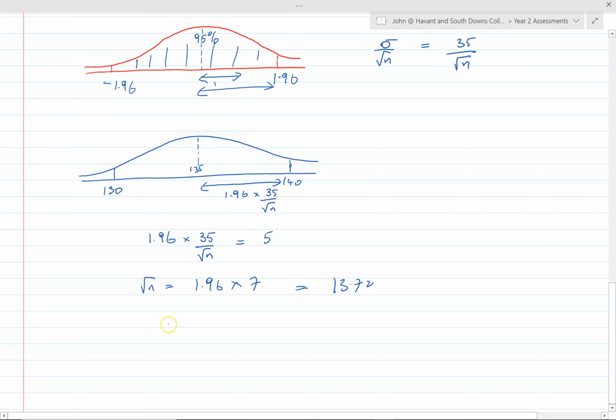So therefore we have n equals the square of 13.72, which is equal to 188.2. So we need n to be bigger than this, more than that. So the smallest n for a confidence interval of 95% is 189.